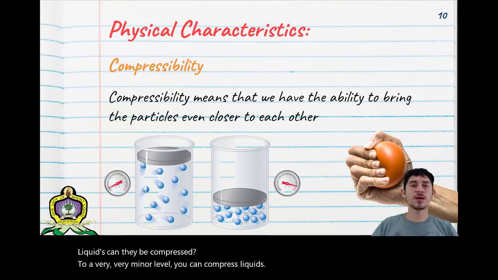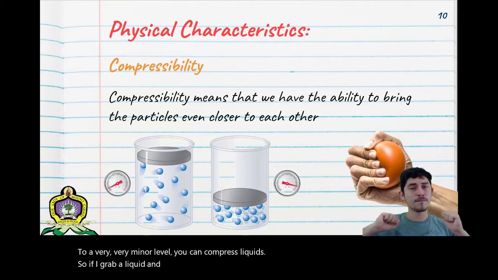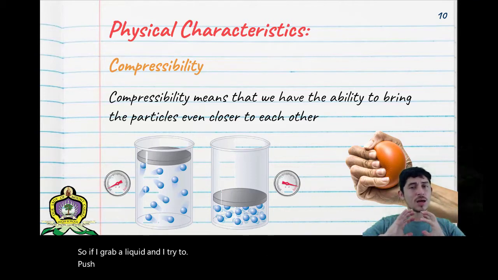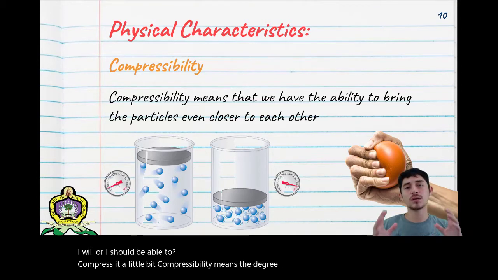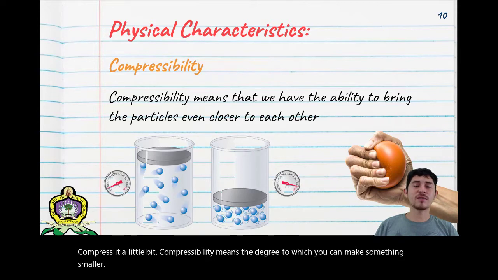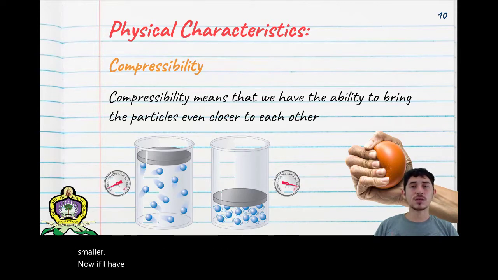So if I grab a liquid and I try to push it, I should be able to compress it a little bit. Compressibility means the degree to which you can make something smaller. Now if I have a gas, gases can be compressed.